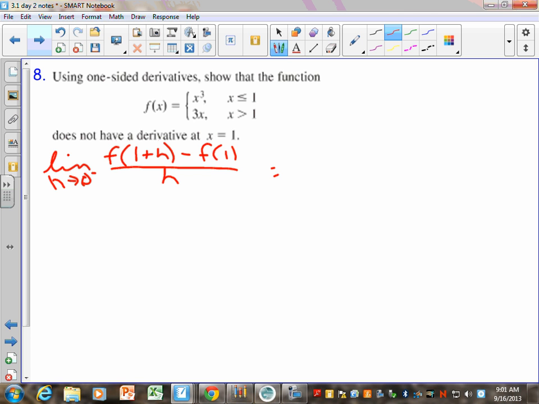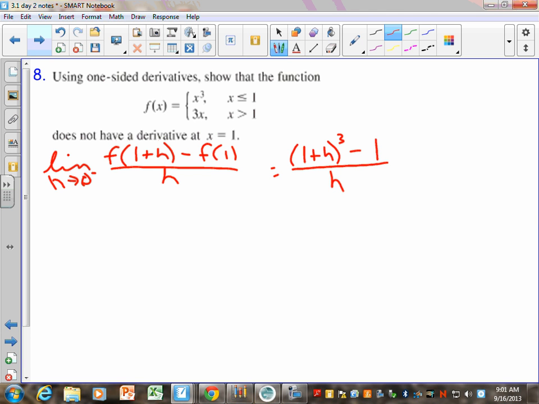So that would be 1 plus h cubed minus 1 all over h. Do you agree with that? Well, it's not so bad. If I plug 1 into here, 1 cubed is 1, right? And then 1 plus h cubed, that's where you could FOIL it out twice, or you could use Pascal's triangle.